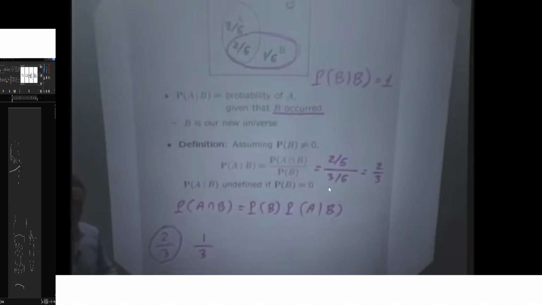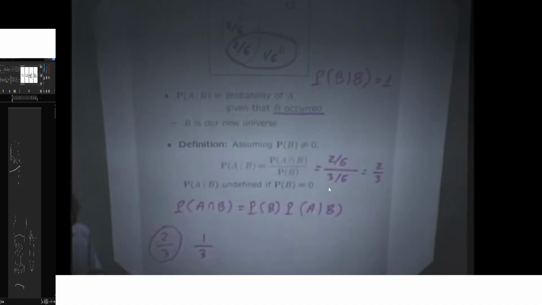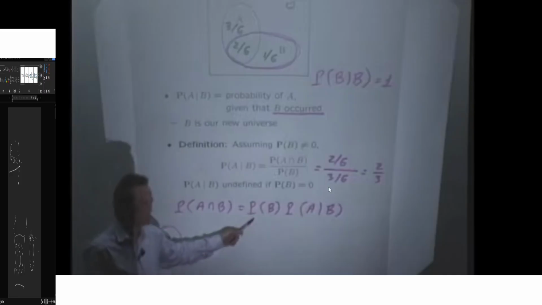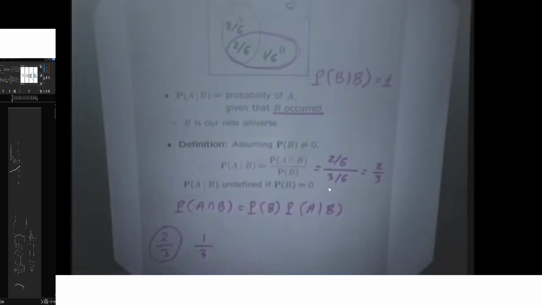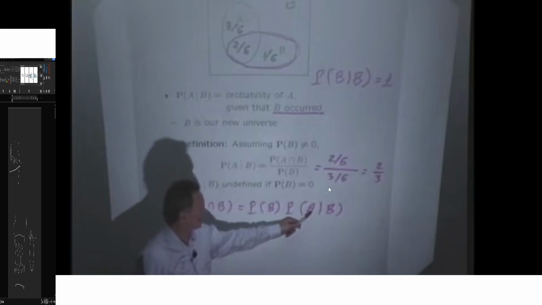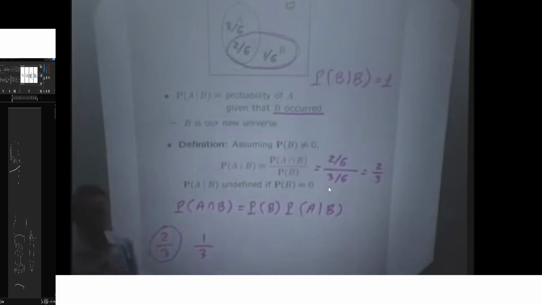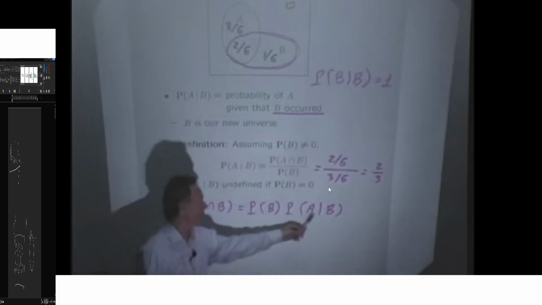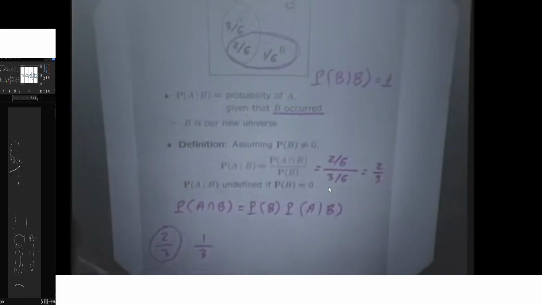Well, there's going to be a certain fraction of the time at which B occurs, and out of those times when B occurs, there's going to be a further fraction of the experiments in which A also occurs. So interpret the conditional probability as follows. You only look at those experiments at which B happens to occur, and look at what fraction of those experiments where B already occurred, event A also occurs.